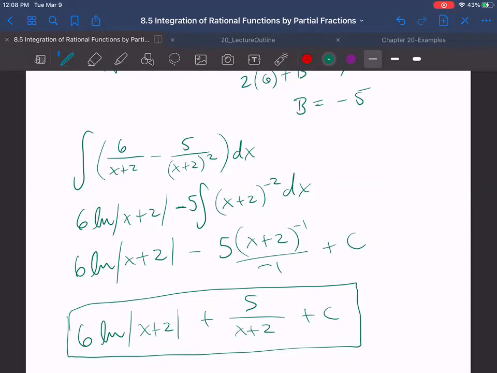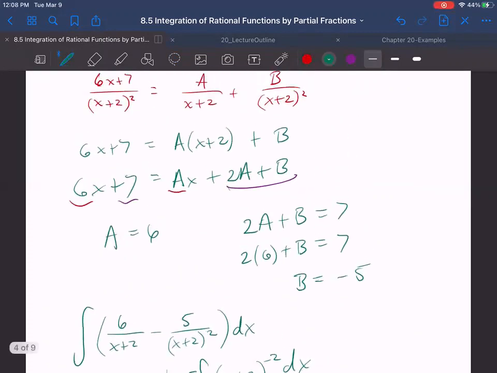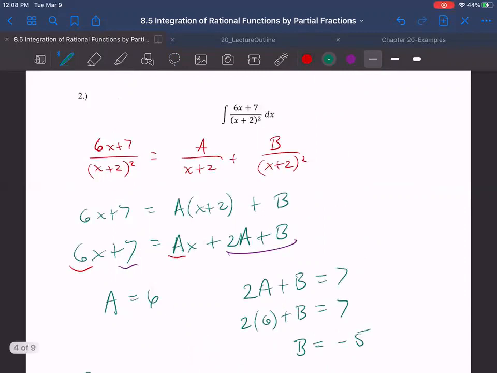Does it matter what order you put it in? I mean, if I rewrote this, like let's say I had 6x plus 7 over x plus 2 times x minus 3.